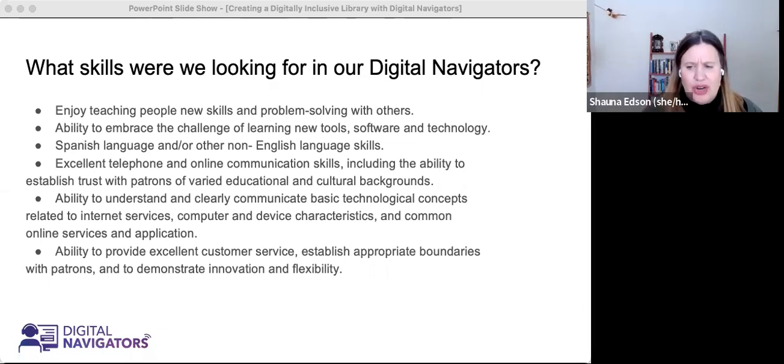So the City Library adapted a baseline job description to meet the needs for our project. The NDIA has a published Digital Navigator job description on their website. We included Spanish language and non-English skills to reflect the communities that the project intended to serve, and also the cultural diversity of Salt Lake City.